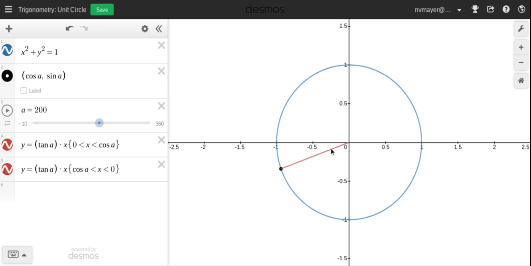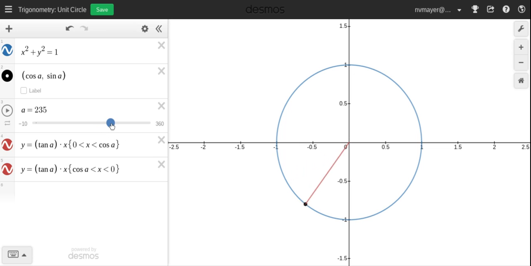So this part of the circle is equivalent to 200 degrees. Now, in order to find the related acute angle for 200 degrees, I ask myself the same question: what's the distance from the terminal arm to the x-axis, or how far away is 200 degrees from 180? The answer is 20. So the related acute angle for 200 degrees is 20 degrees.